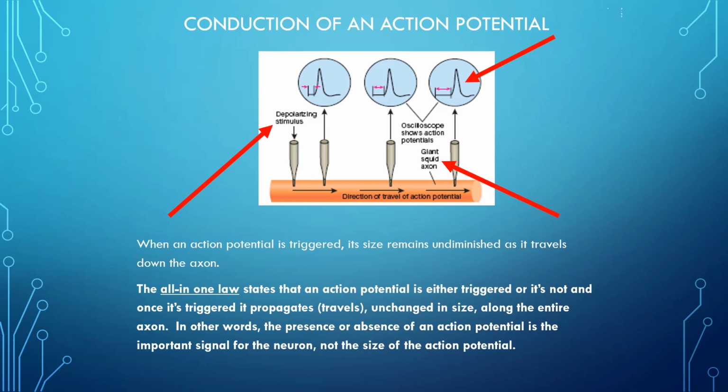So one of the last important ideas that I need to leave you with is a rule about the way that the action potential works. You could imagine, based on what we've talked about, that neurons are capable of doing a lot of different things. And in fact, there's really two ways you can look at this. On the one hand, neurons have a volume knob to them, right?